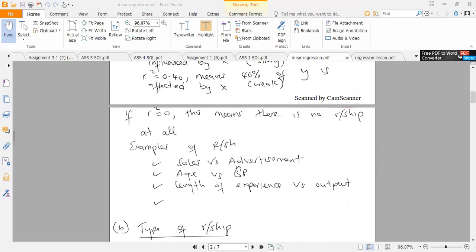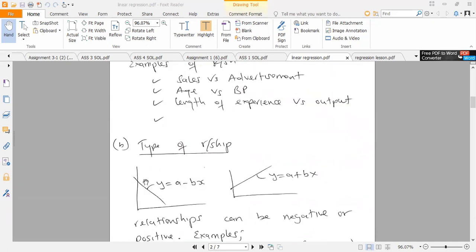Relationship examples could be, for instance, sales against advertising, where sales is the dependent variable y and x is the independent variable, which is the advertisements. Age against BP, length of experience against output. Other relationships that can be there are between demand and supply.